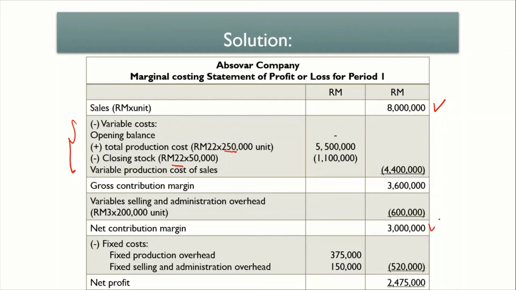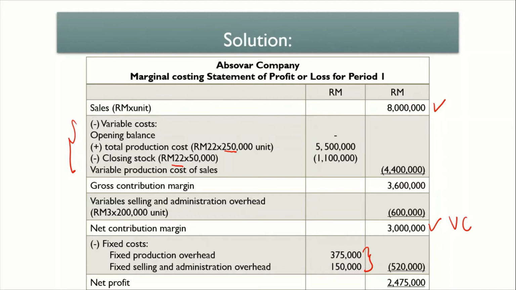Okay, so this is focused on VC only. The amount is 3 million. After you gain the contribution, you deduct the fixed cost and gain the net profit. Both these amounts are in the table. You don't have to calculate. You just take them, put them in the format and calculate your net profit. So the difference is how they treat the production and how they treat the fixed cost.